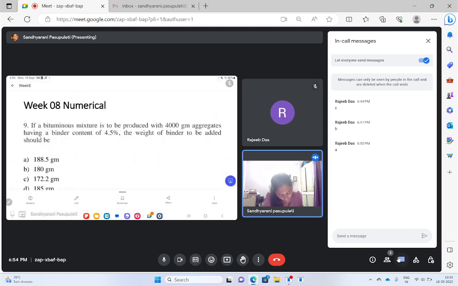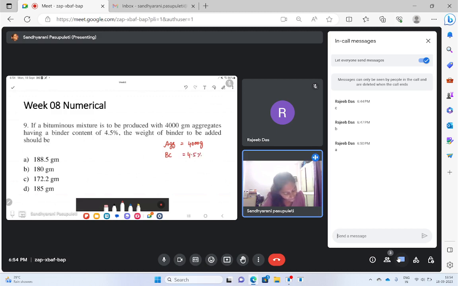And if we see this question: a bituminous mixture is to be produced with 4000 grams of aggregates, and the binder content is given as 4.5%. The weight of the binder to be added should be... they are asking us to calculate the weight of the binder. When they say 4.5% is the bitumen content, that means 4.5 percent of the bituminous mixture.